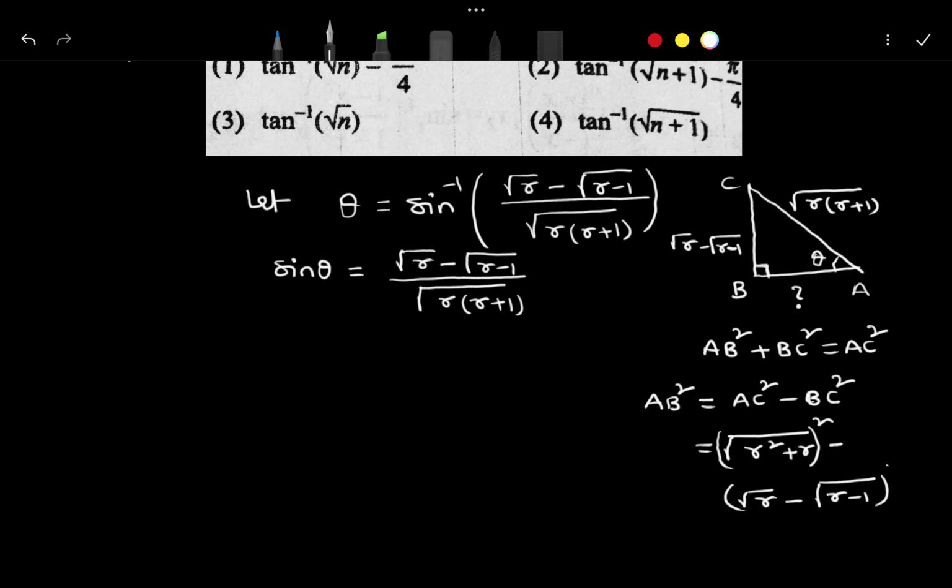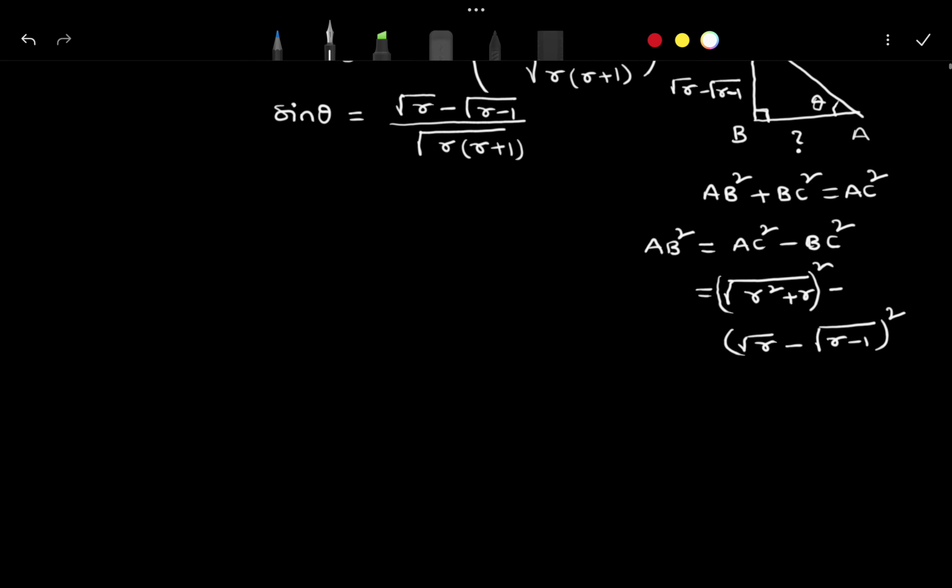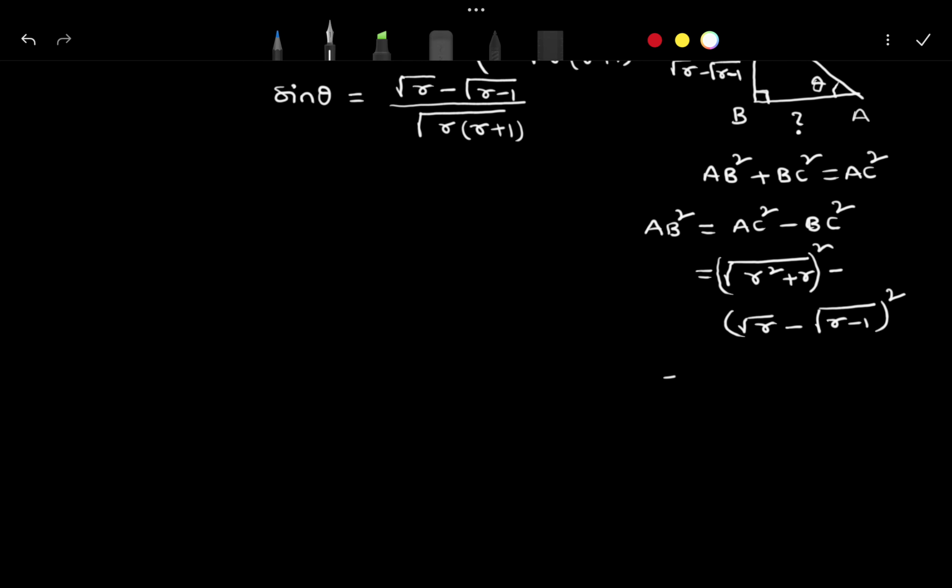Now by simplifying this value, by expanding here, square and root will be cancelled. This will be r square plus r minus of, this is a minus b whole square, a square plus b square, that is r plus r minus 1, minus 2ab, that will be root of r into root of r minus 1.